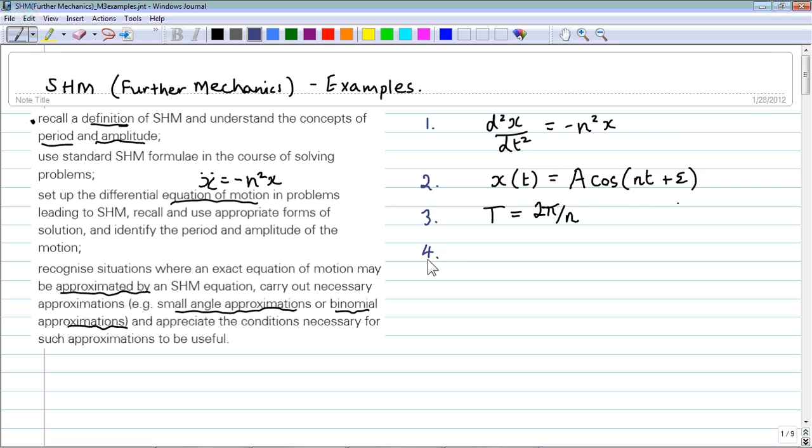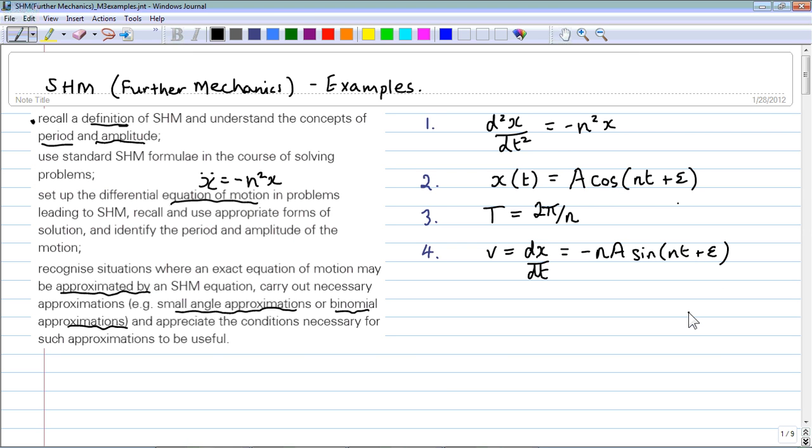Now, fourth equation, I think I will write the formula for velocity. So velocity is dx by dt, or x dot, and this can be derived directly from this, so we get minus na sine of nt plus epsilon.